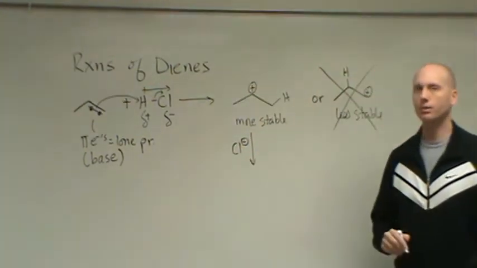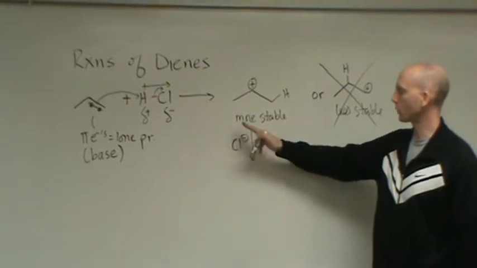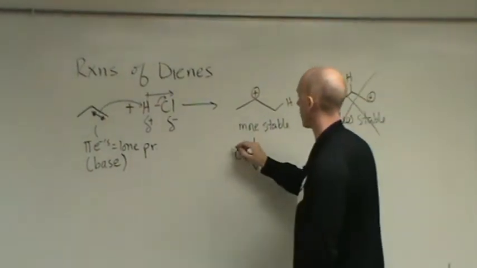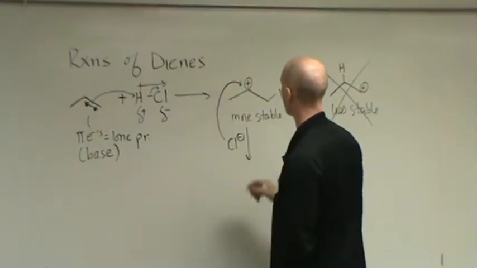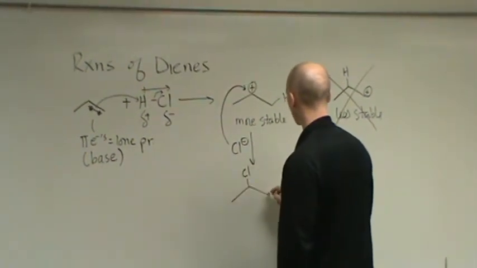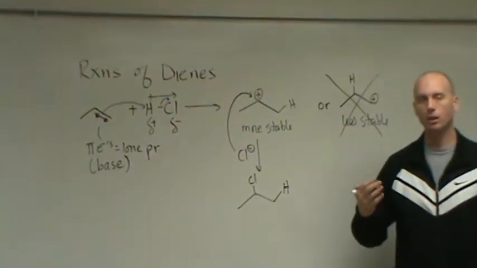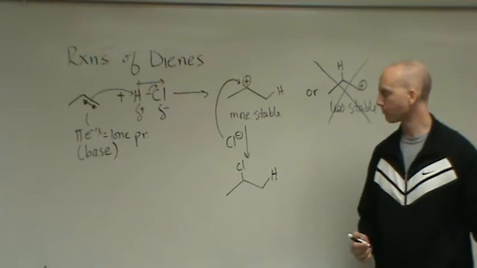Chlorine got kicked off as Cl minus. So what is it going to do? It's going to attack the positive charge. And so the chlorine ends up on the more substituted carbon.